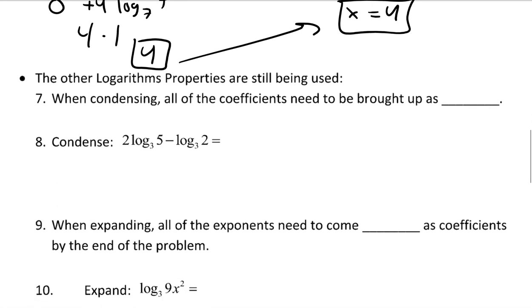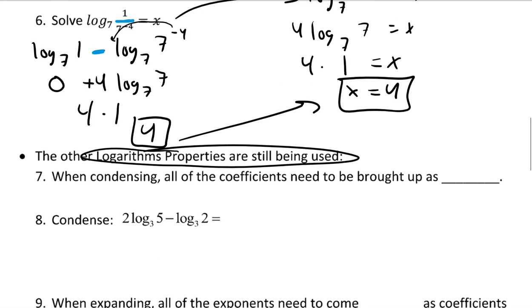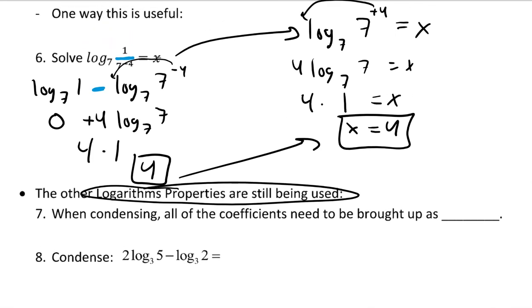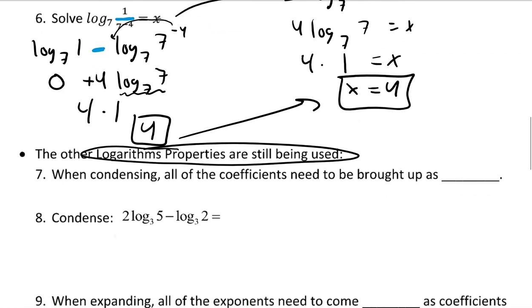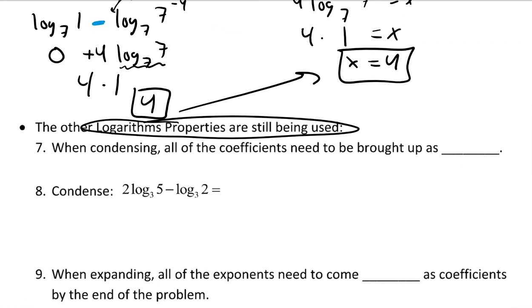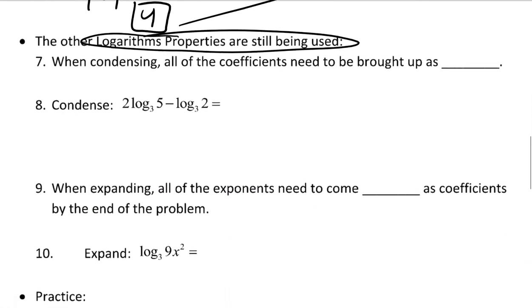But that being said, some of the properties from 3.2 will still be used. So things like how I'm bringing this exponent down, and I know how to evaluate this and know that this is 1. Those types of things are still going to be used a lot. So again, when we jump over to the bookwork in a few minutes, I think the first half of the assignment is really just good review of that stuff before you even get into expanding and condensing.